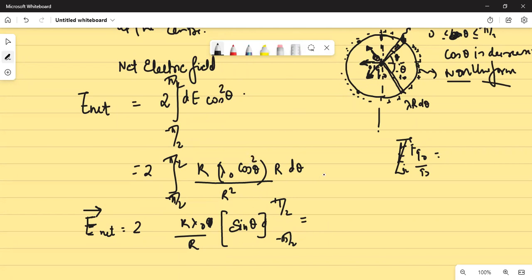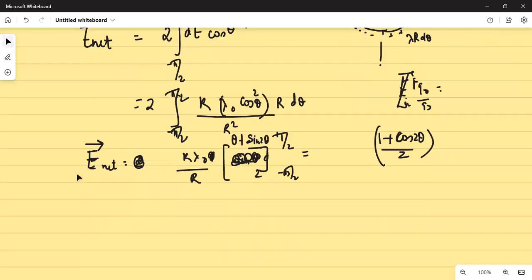And how to integrate cos square theta? You can write it as 1 plus cos 2 theta divided by 2. So the integral of 1 plus cos 2 theta will be theta plus sin 2 theta divided by 2. Is that the case? And if I take this particular case, then what will happen? I think the net electric field would then be equal to what?